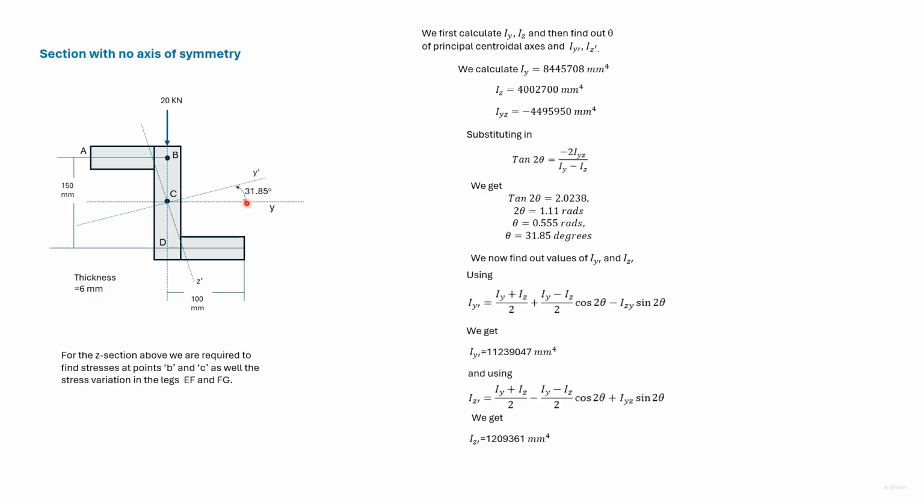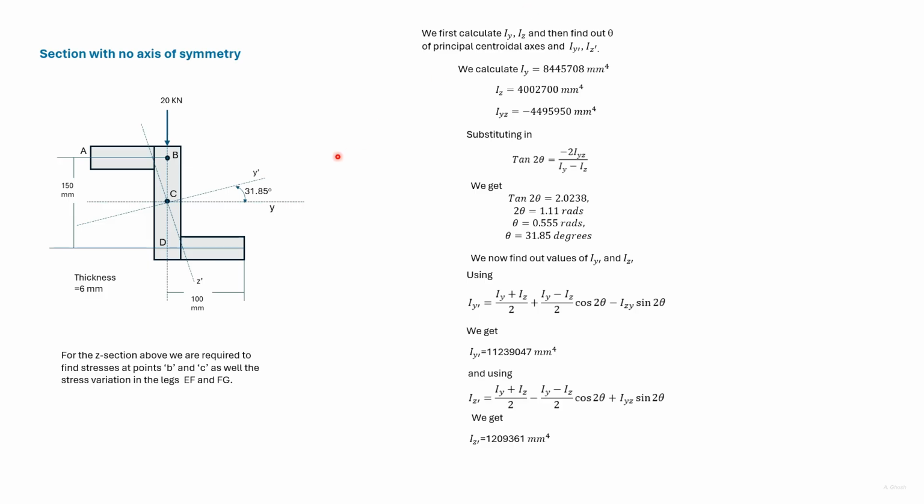So the principal centroidal axis is 31.85 degrees counterclockwise to the y-axis. Similarly, the other principal centroidal axis is at the same angle counterclockwise to the z-axis. We denote these two axes as y dash and z dash.